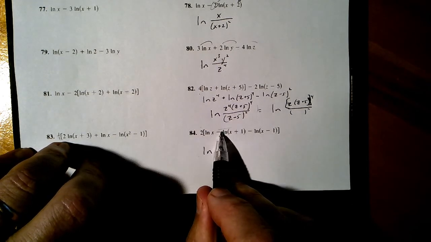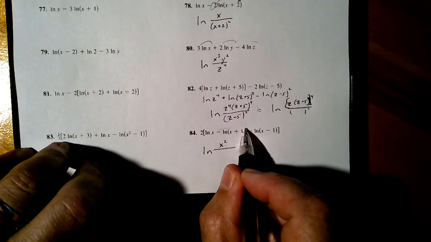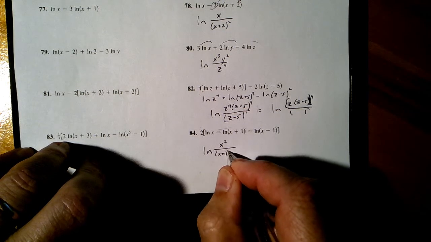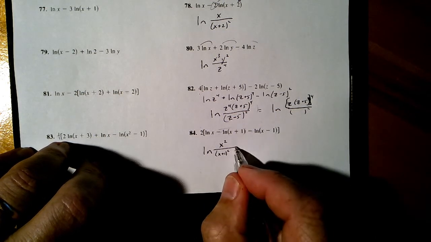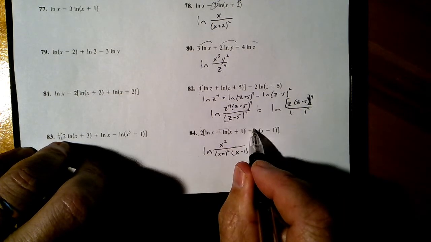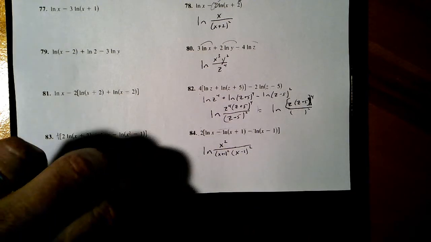Minus 2, that goes in the denominator. That 2 comes up here. So because it's minus, we go denominator, x plus 1 squared. Because this one's minus, it goes in the denominator. Bring the 2 in as an exponent. Take a good look at that, see if that makes sense.